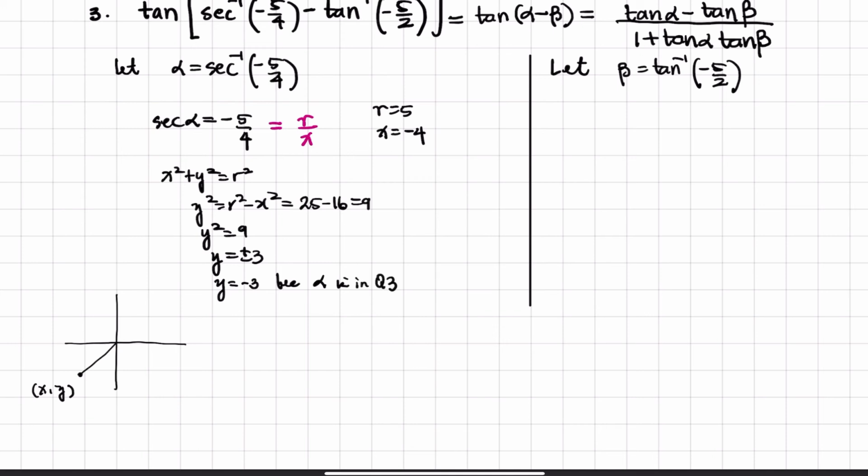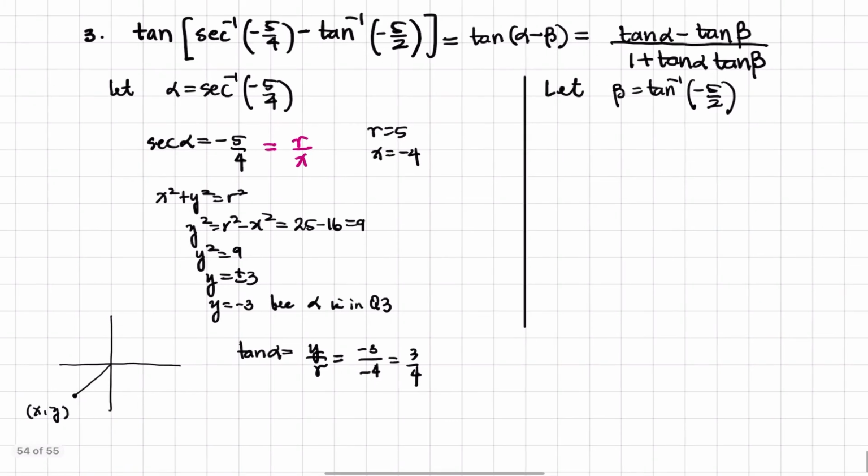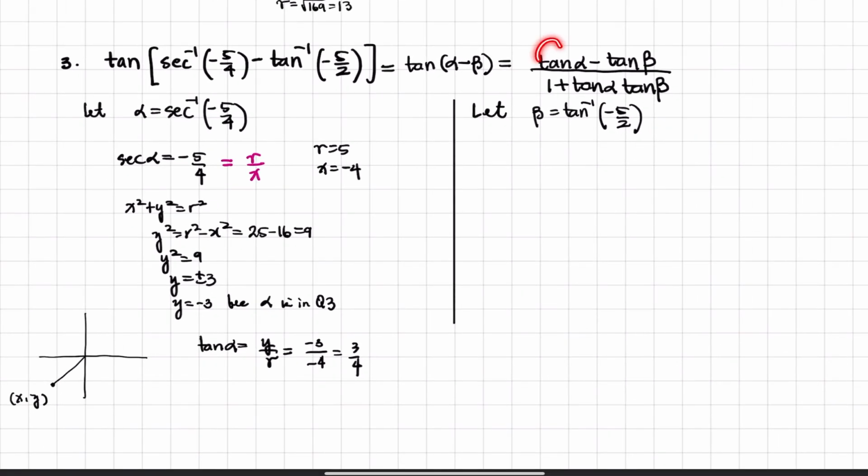Yung angle mo nasa quadrant 3. So, tangent alpha is y over x, but your y is negative 3 and your x is negative 4. So, you get 3/4 for tangent alpha.